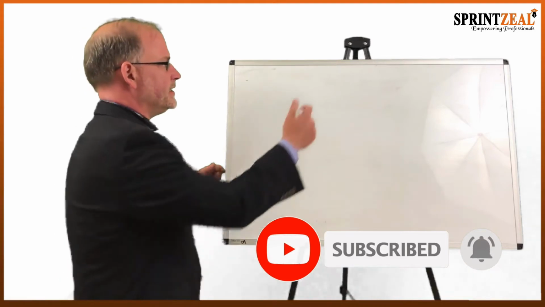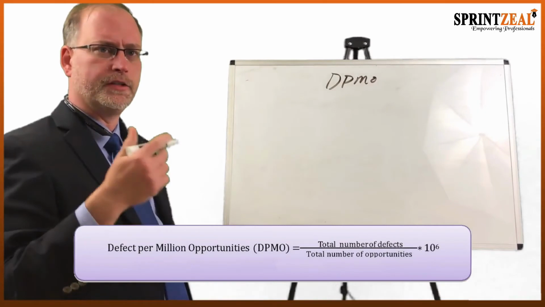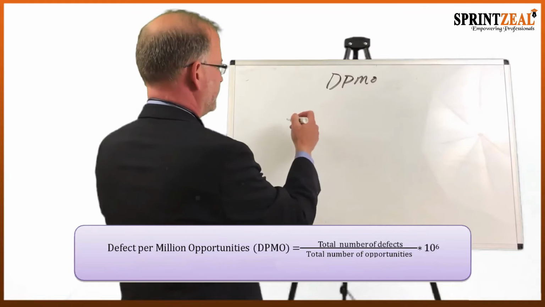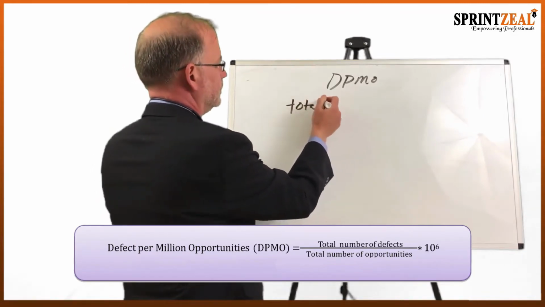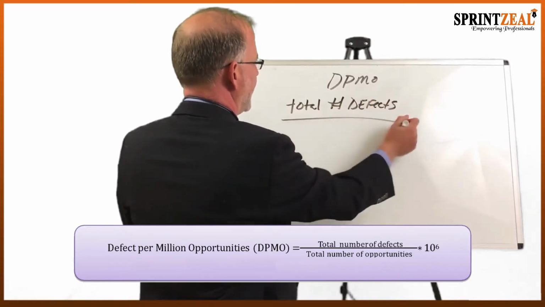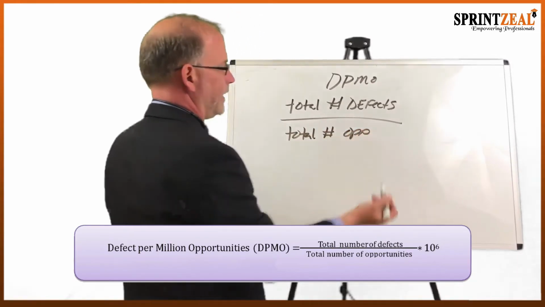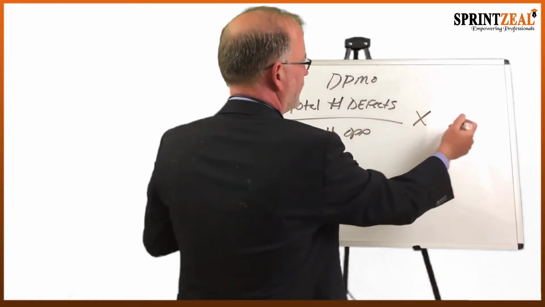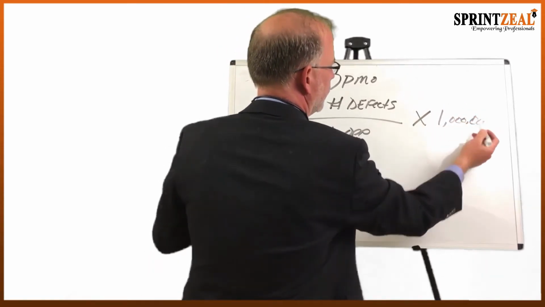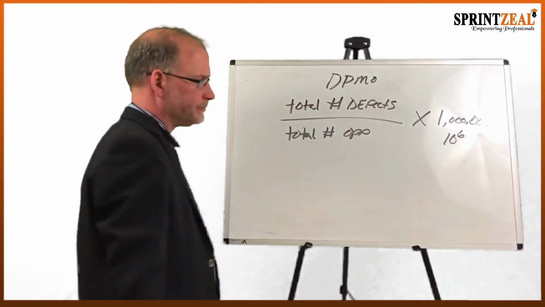So to calculate DPMO, what we're going to do is take our total number of defects divided by the total number of opportunities to create them. And then we're going to multiply that by 1 million. Or, depending if you use scientific notation, it's 10 to the 6.